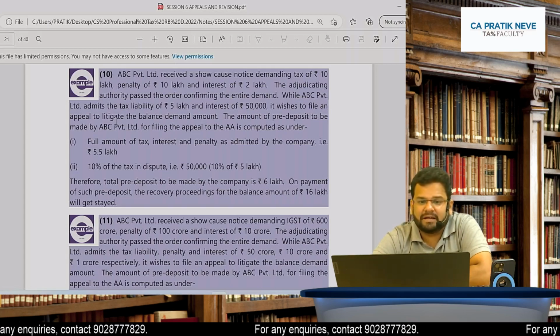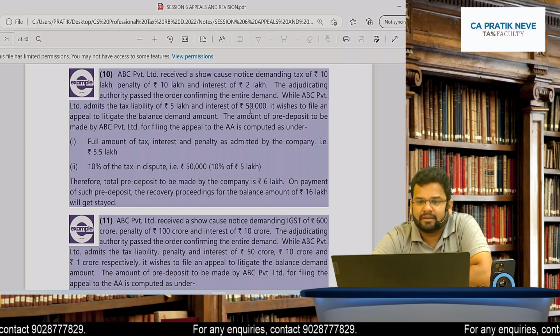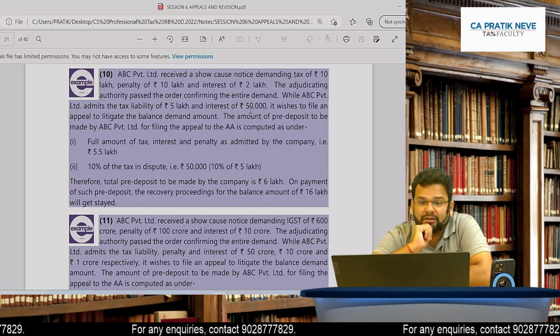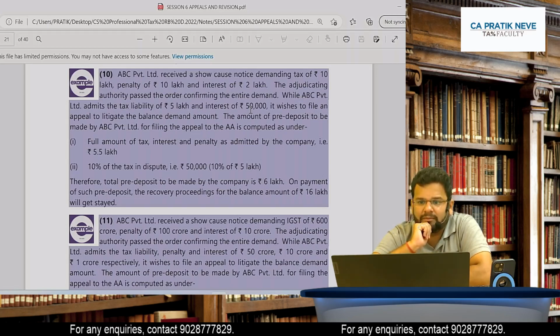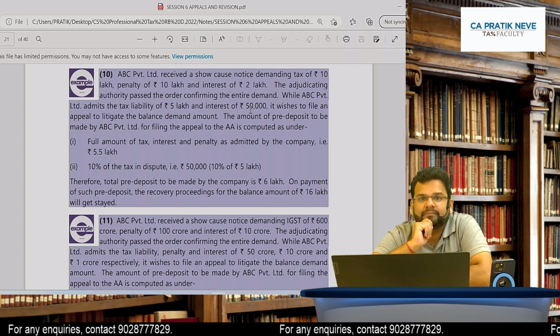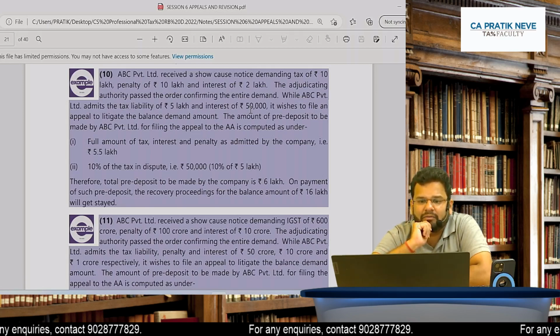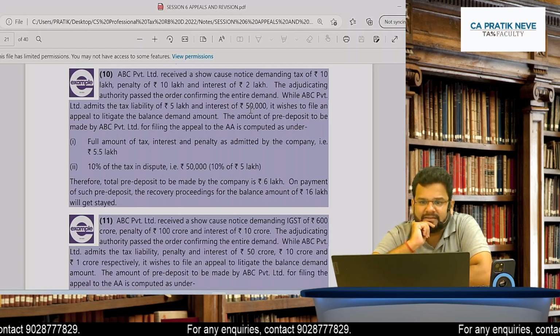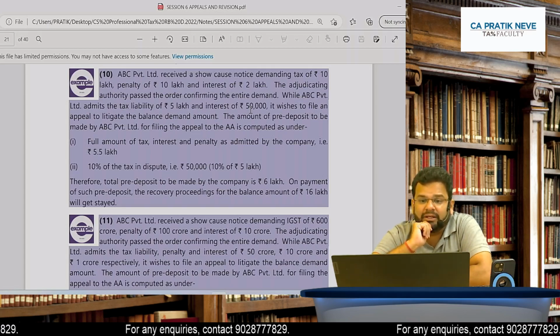While ABC Private Limited admits the tax liability of 5 lakhs and interest of 50,000, it wishes to file an appeal to litigate the balance demand amount. So can you tell me how much they have accepted? They have accepted liability of 5 lakhs. It wishes to file an appeal to litigate the balance amount. So what is under litigation?